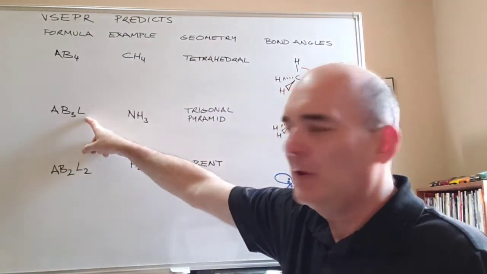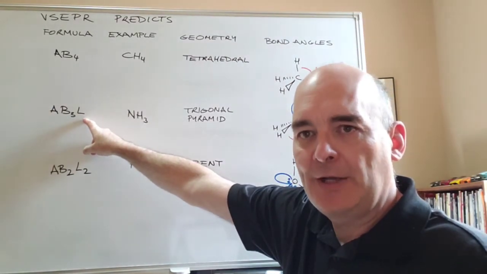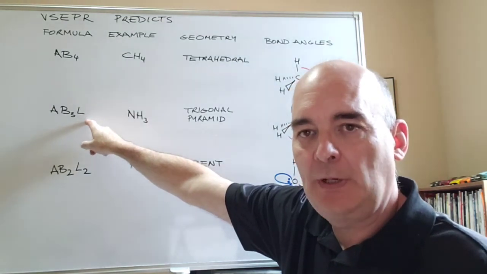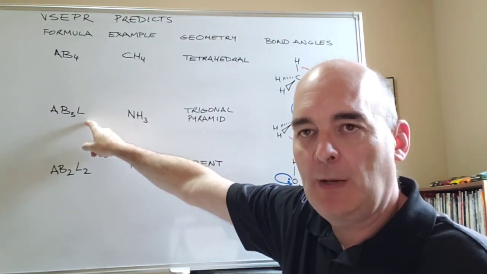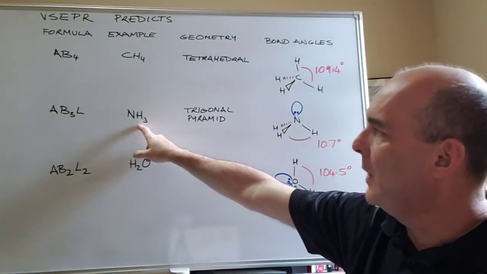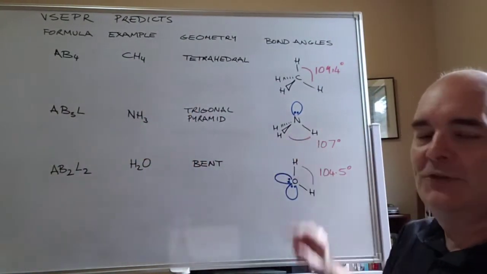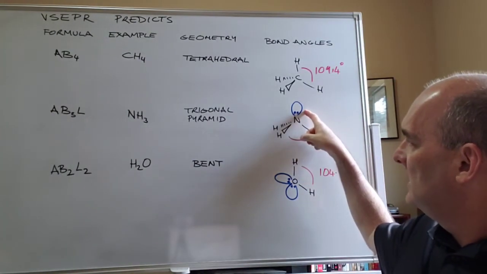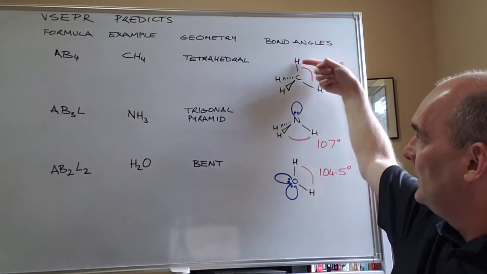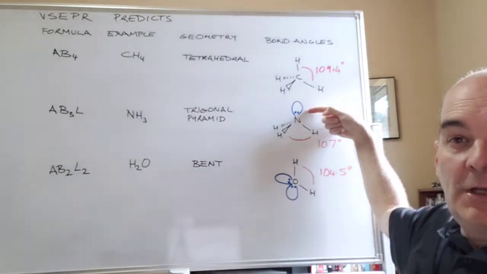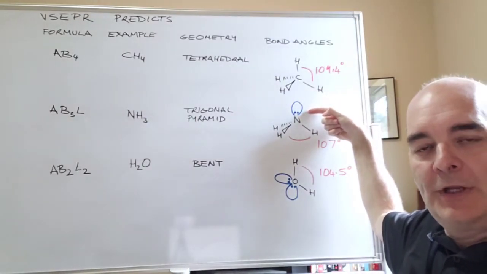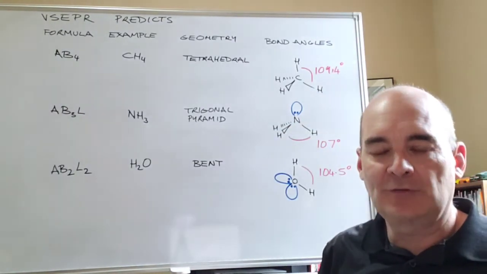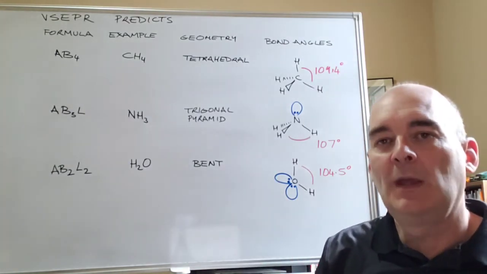If I take one of the bonds away and replace it with a lone pair of electrons, which I could do by moving 1 position to the right on the periodic table, and replace that central carbon with a nitrogen, I make ammonia. And ammonia turns out to be a trigonal pyramid. I've taken this space that used to be a bond, and I've put a lone pair, a non-bonding pair of electrons there. Now, we represent a non-bonding pair of electrons with a pair of dots.